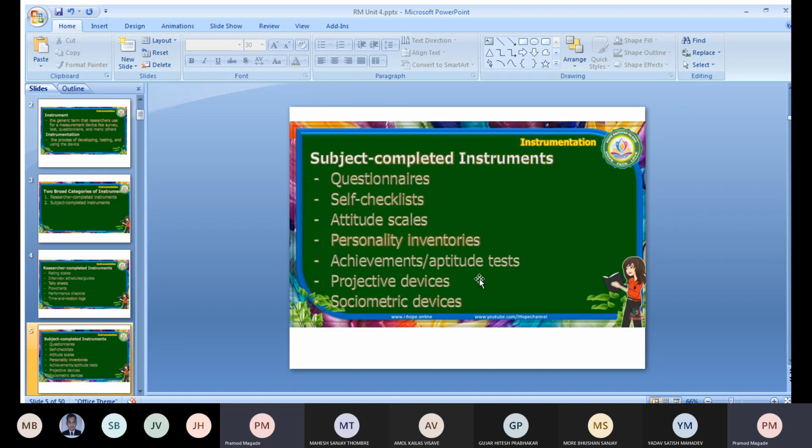Now in case of the projective devices, if the researcher has done the same methodology, same instrumentation while completing his project, that is not research. So he has to think over the future scope of that previous researcher, and then accordingly he has to work within a time. That is also important.